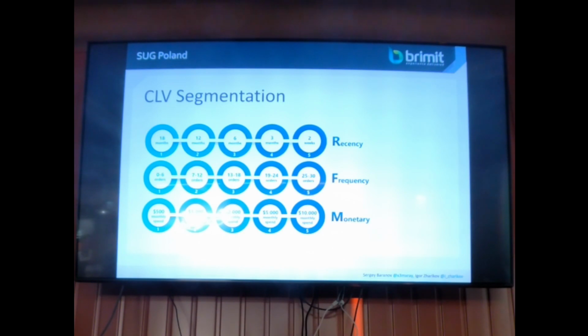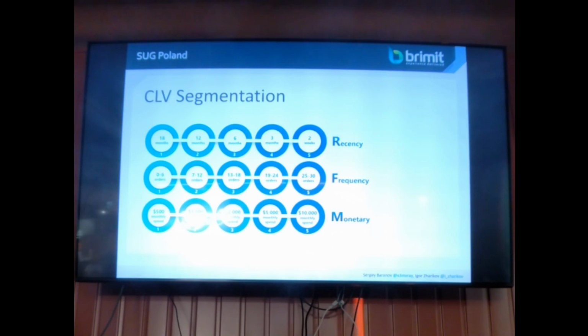Then you put each customer into one of those buckets and give them a score. In other words, for each parameter, recency, frequency, and monetary value, you sort your customer list by this parameter, then split the list into same-size sublists, for example 5 sublists, and depending on which sublist the customer is in, you assign the score for each of the parameters.